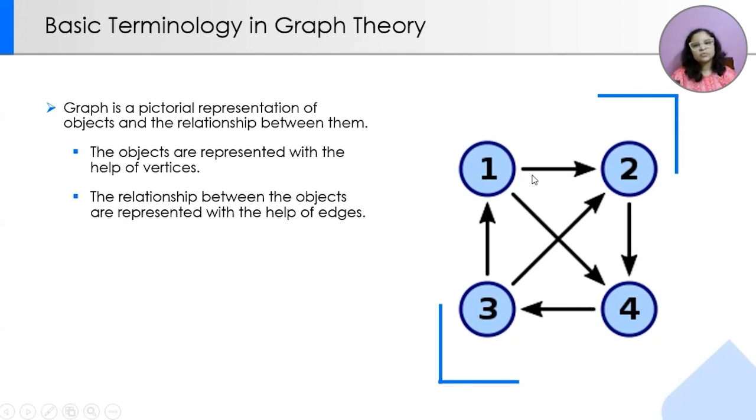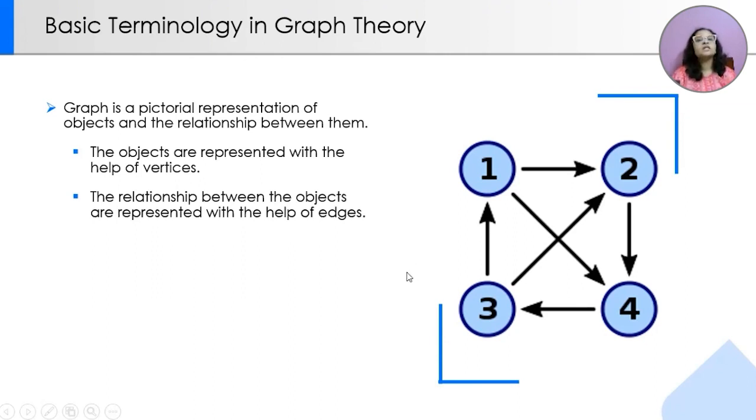You can see the arrows between different nodes, such as between 1 and 2, 2 and 4, 4 and 3, 3 and 1. Also, there are some arrows between 1 and 4, 3 and 2. So what are these arrows? These arrows are edges. They are used to establish relationship between different objects. So in this slide, we discussed the definition of graph, that it is a pictorial representation of objects and the relationship between them.